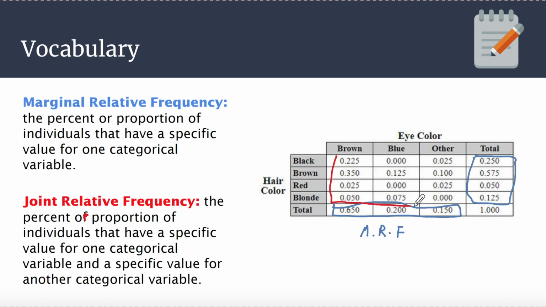We call it joint because it is the combination of two categorical variables. It's the percent or proportion that essentially has both specific values of a categorical variable. All right, those are our joint relative frequencies. You can go ahead and label those on the table you should have already copied down. That was a relative frequency table.